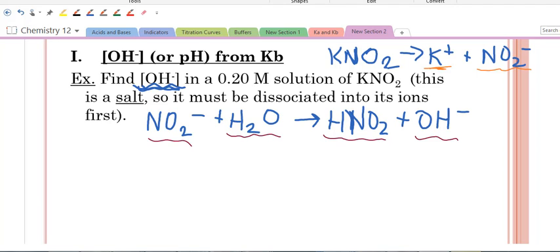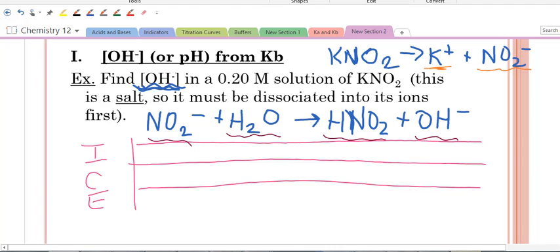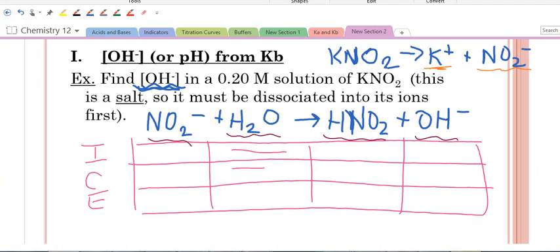The first thing we need is our ice table. So we draw our ice table. And of course, water is negligible because it's a liquid. And now we can plug in the values that we know.